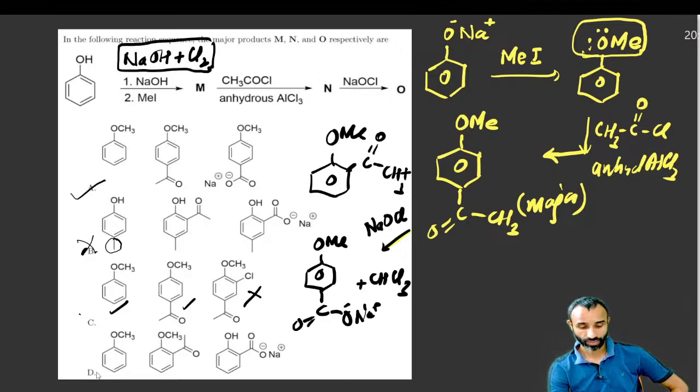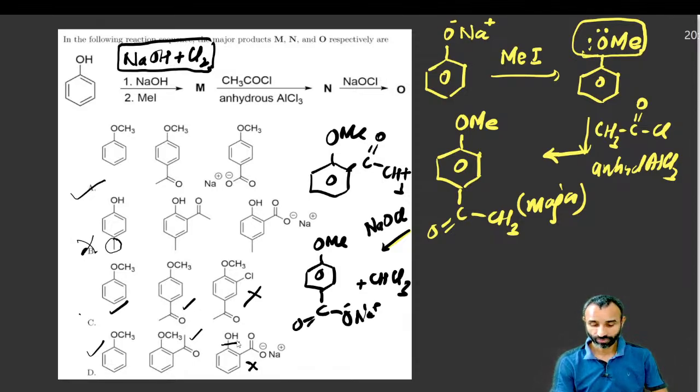In this case, first is okay, second may be okay because it is formed, but third is not possible because it hydrolyzes the ether as well, means it breaks the ether. That is not possible, right? So that's why first is the right option.